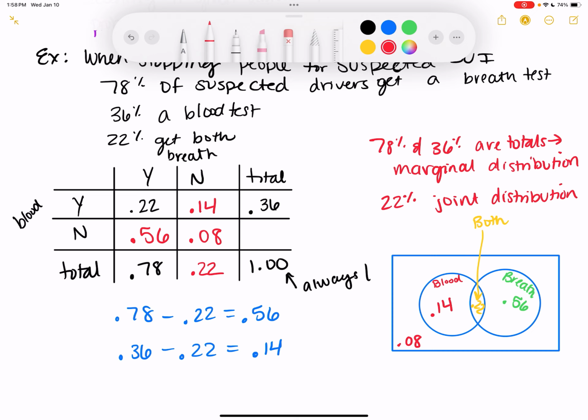I was adding up just the 4 and the 8, that's why I did that. Then this one, I would have realized it when I said we need to check our totals and make sure that they add up to 1. 0.64. So then we always add up the totals to make sure that they are equal to 1. So this is equal to 1, this is equal to 1, and then we're good.